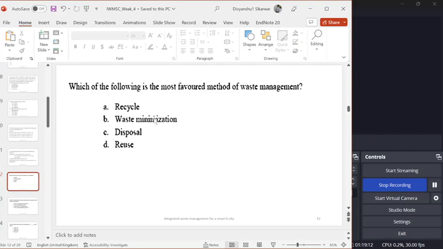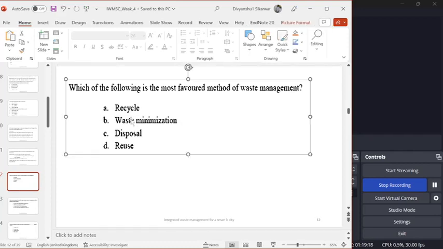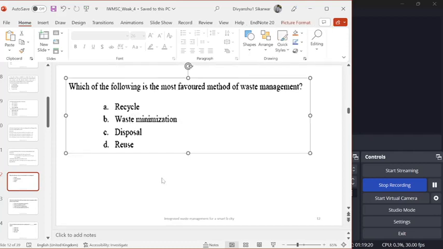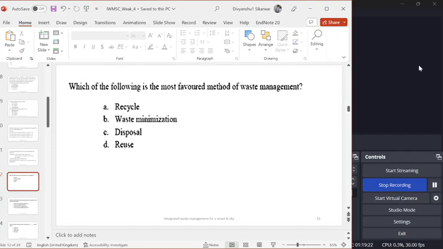The first R is reduce. So the first thing we try to do is reduce the amount of waste generated. So option B, waste minimization, should be the correct answer.